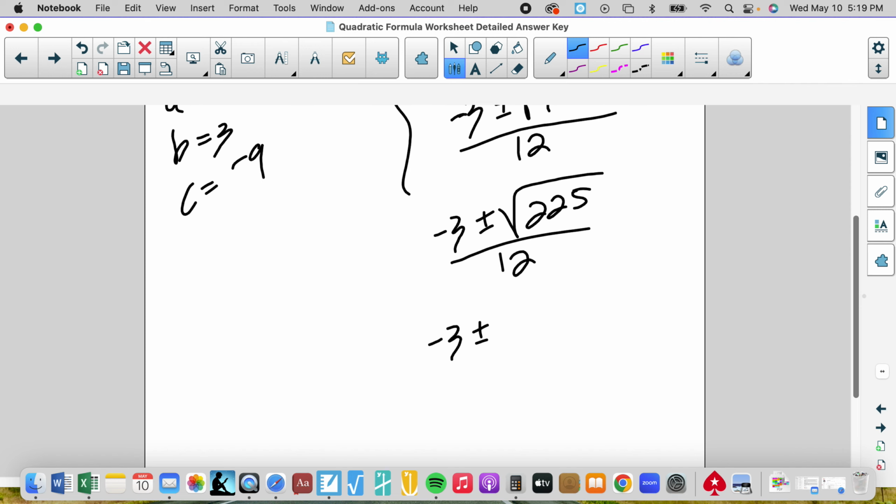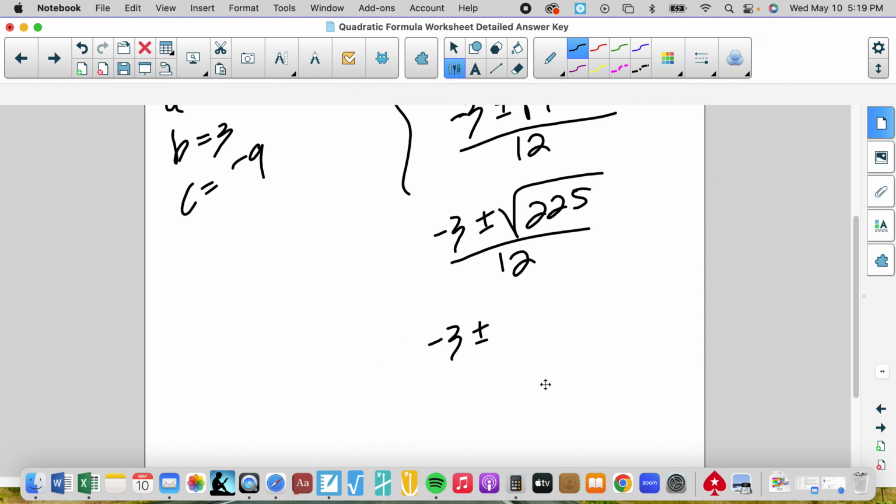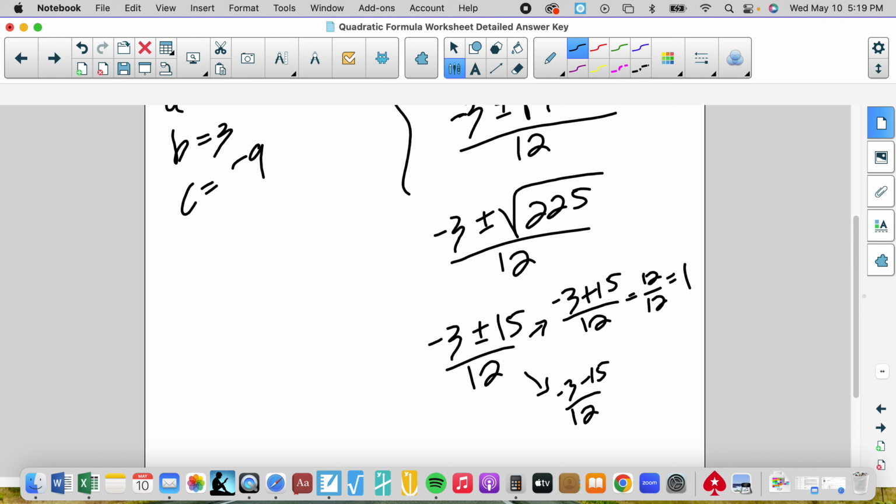Negative 3 plus or minus the square root of 225. I think that's 15. Over 12. Let's split it. Negative 3 plus 15 over 12 and negative 3 minus 15 over 12. That's going to give me 12 over 12, which equals 1.